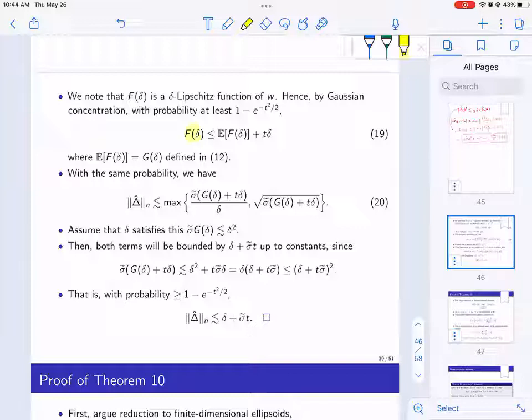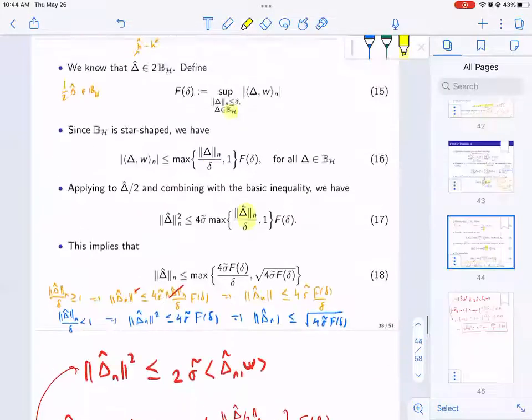So f delta is at most expectation plus t delta with this probability. So delta would be an upper bound of the sub-Gaussian norm of the supremum. This expectation, by definition, if you go back, is just G delta that we defined. So the expectation of this is that Gaussian complexity.